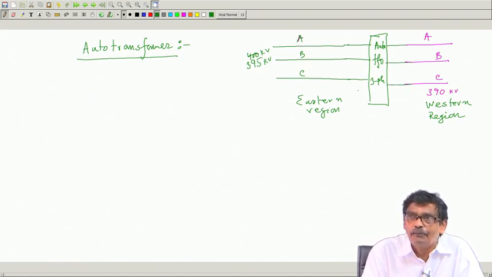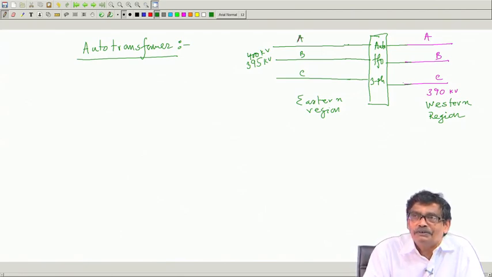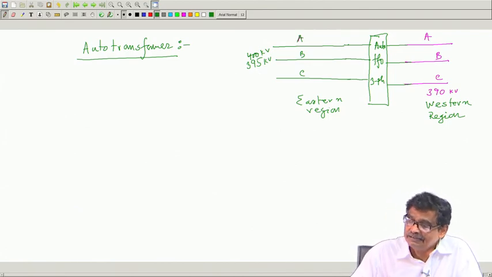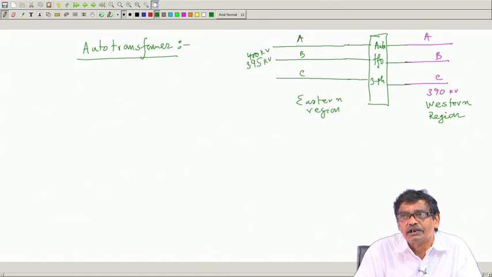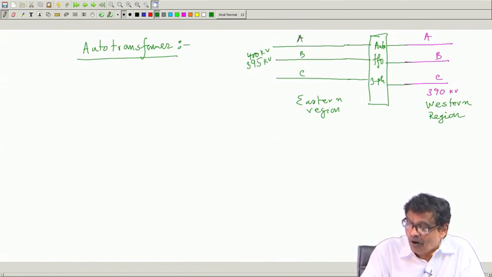A 2-winding transformer can also be used to parallel them, but I will not do that. Why? Because I see that the ratio of the voltage is so small, 395 to 390 kV. Nothing is better than an auto transformer, because the turns ratio or voltage ratio is close to 1.